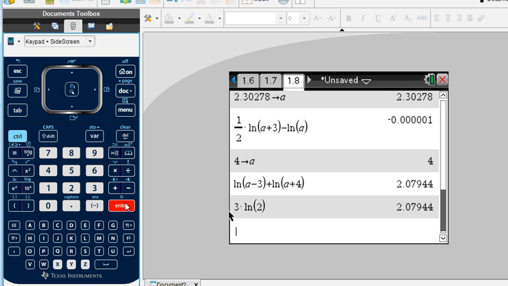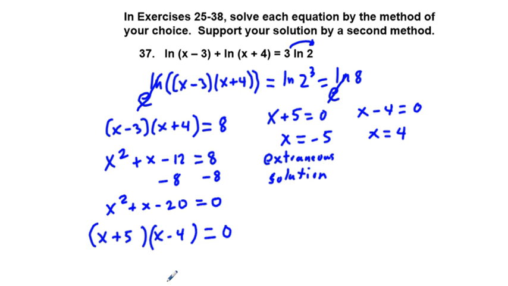I hope they're the same, and they are. Check, check. So we've checked, and we know that this is a real solution, x equals 4.